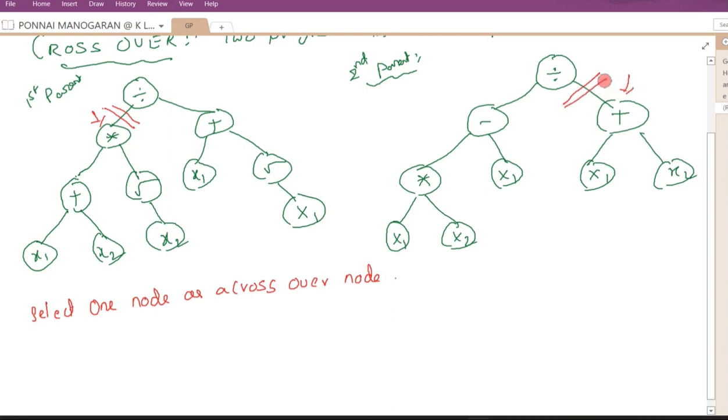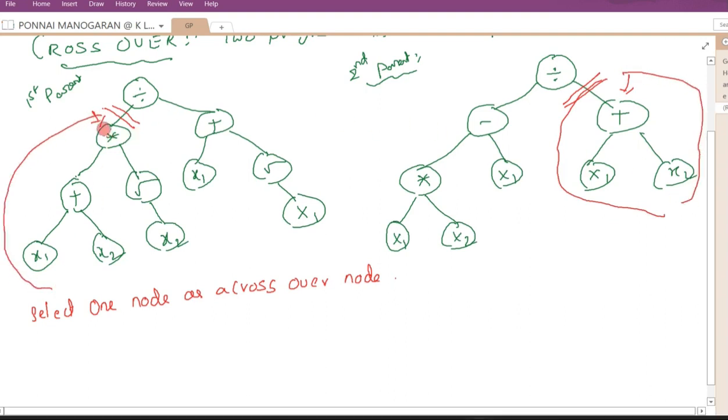So you need to remove this part, and similarly you need to remove this part. For crossover to be performed on these two parents, you need to remove this subtree and merge it with the first parent. And similarly, you need to remove the left subtree of the first parent and merge it with the second parent.